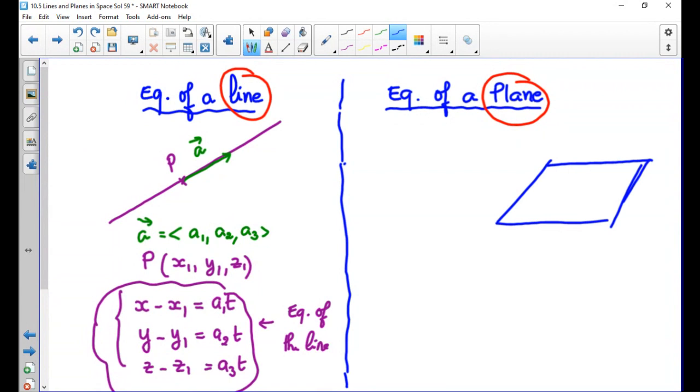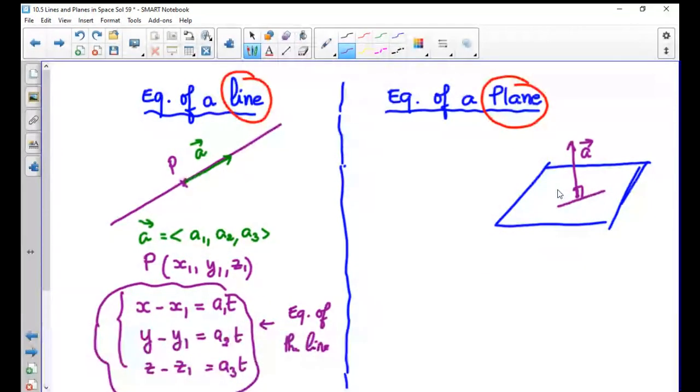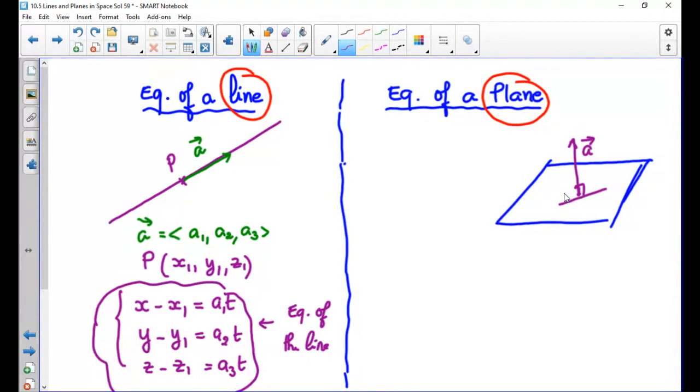Yes, we need a vector perpendicular to the plane. Or we used another word for perpendicular. Do you remember? Normal. A vector normal to the plane. So you need the vector A normal to the plane. That means it's making an angle of 90 degrees with all the points in the plane. So you need a normal vector.